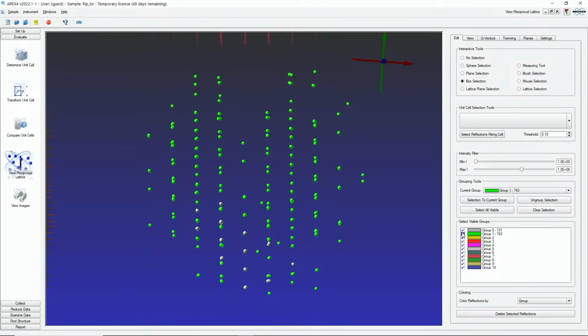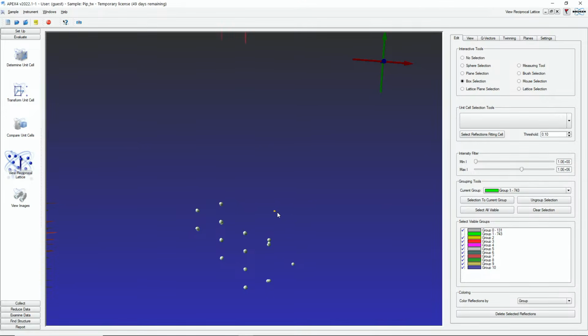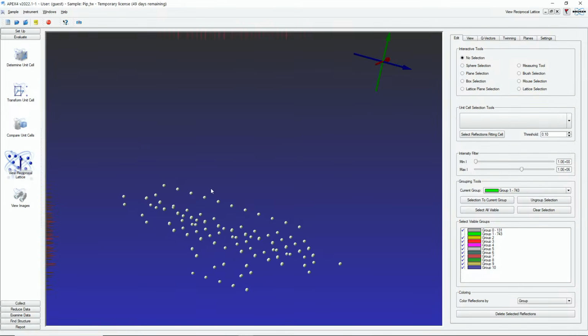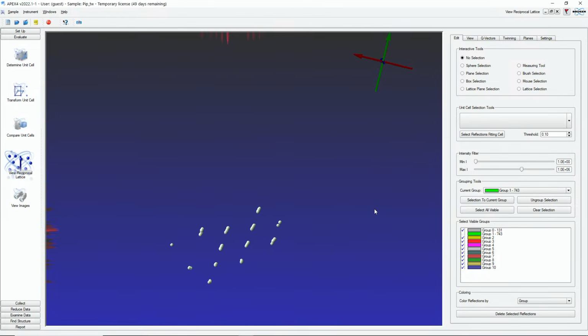So when I turn the green one off now and rotate this, you see we now have a pattern that looks much more like a single crystal pattern. You can also see I selected a couple of reflections that shouldn't be there.